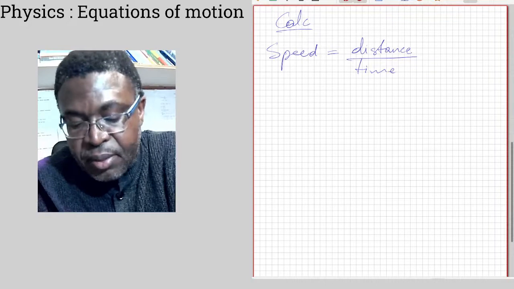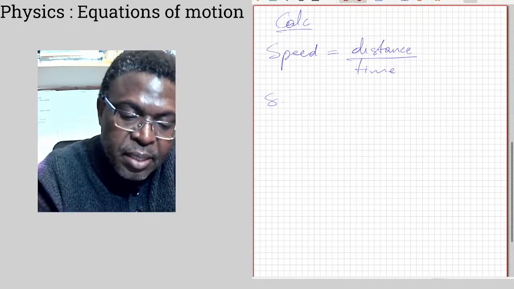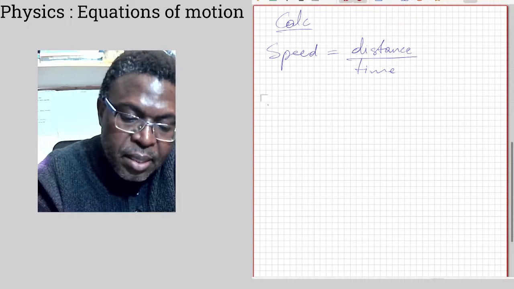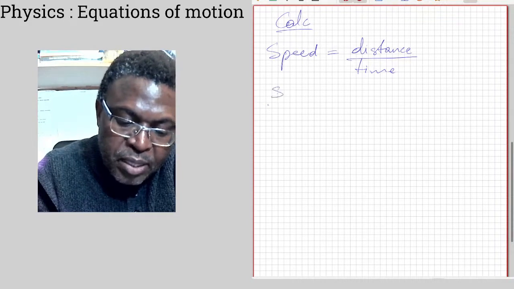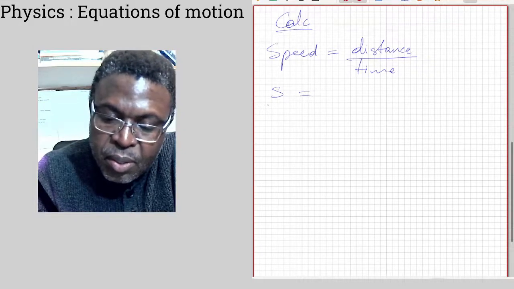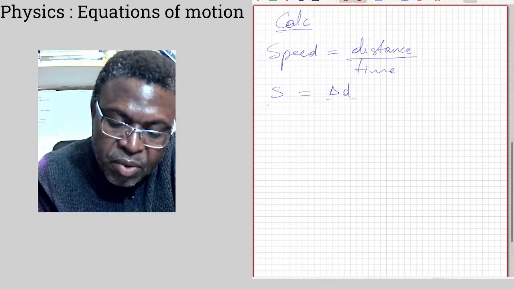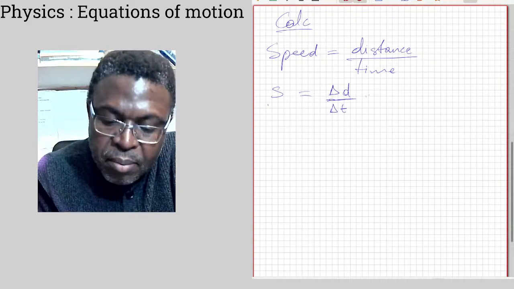And we represent it as speed s is equal to change in d over change in time.